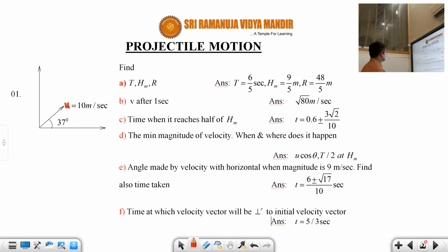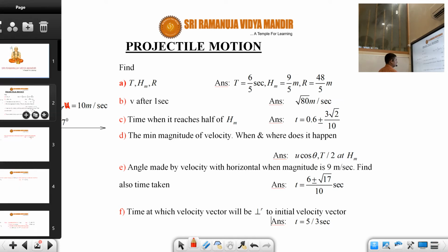So let us start from the first one. I'm going to solve it in new slides. First one is time of flight, maximum height and range. Initial velocity is 10 meters per second and initial angle is 37 degrees.